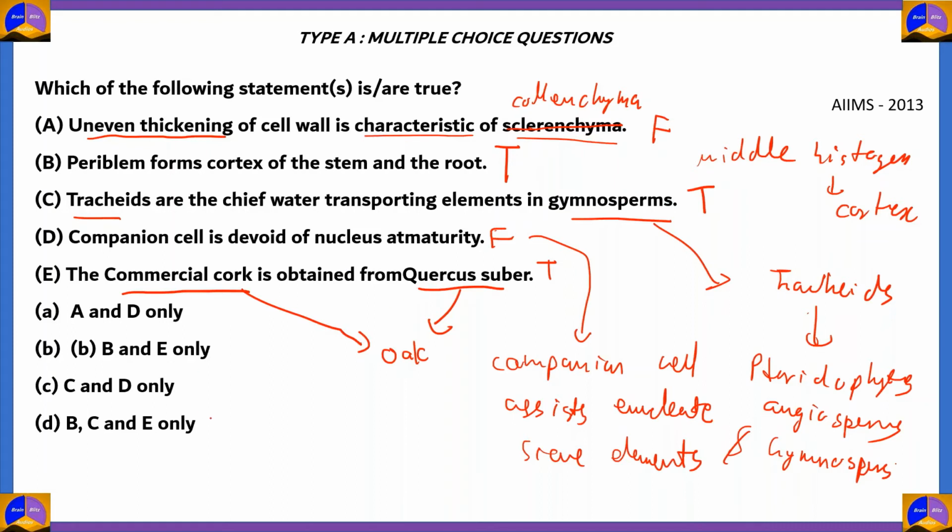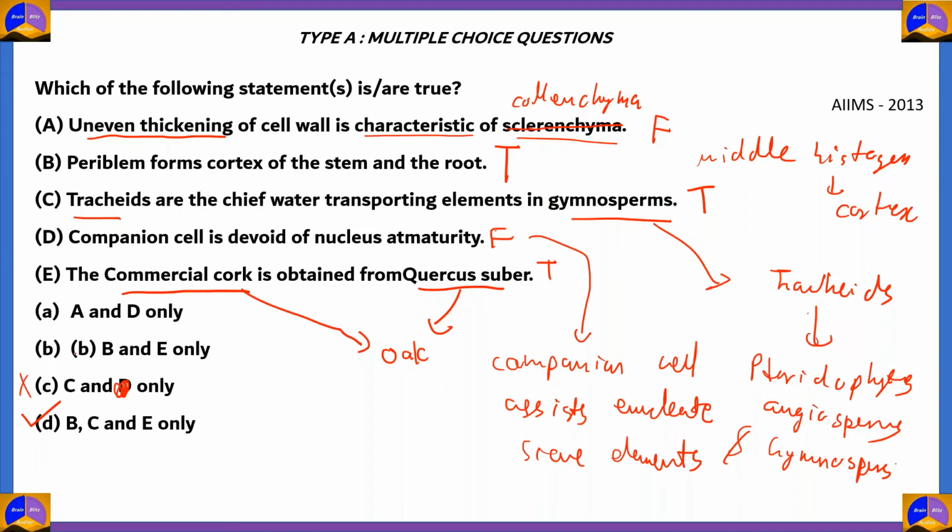Now, which of the options says that B, C, and E are true only? That is option D. In option C, it's showing statement C is correct, and there is no mentioning of B and E. It mentions that statement D is also correct, which is not, because statement D is false.